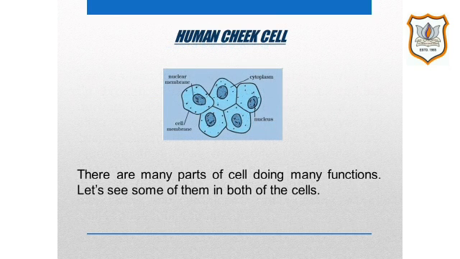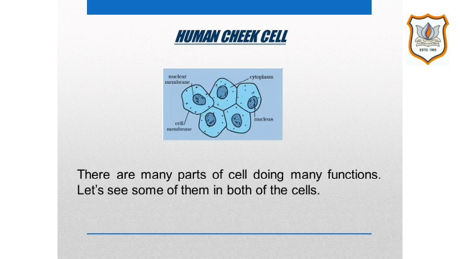Students, this type of structure you will see in the microscope. This is human cheek cell that you can see in the microscope. It consists of a nuclear membrane, a nucleus and a cytoplasm, but cell wall is absent in animal cell.